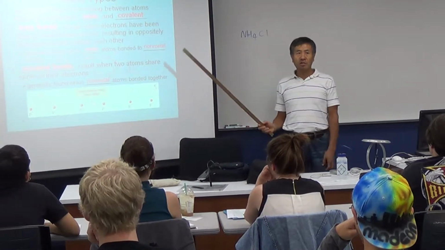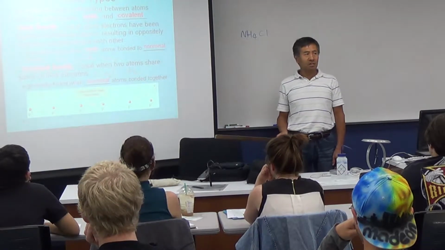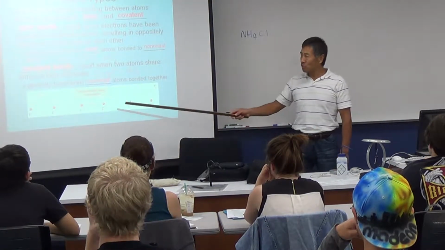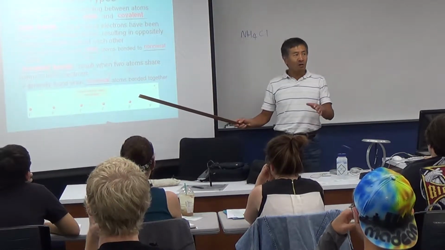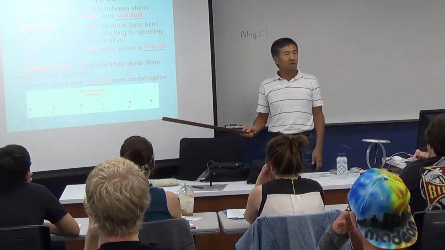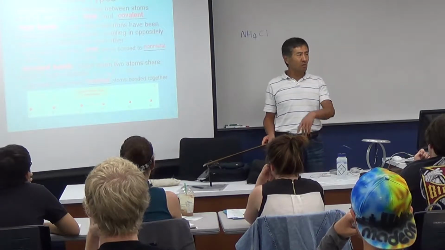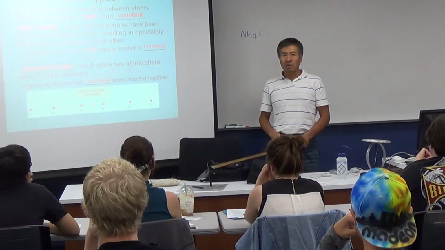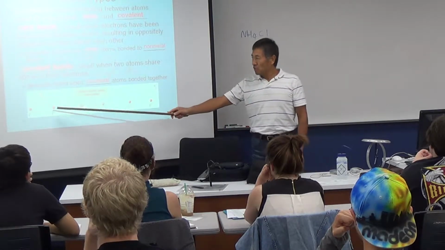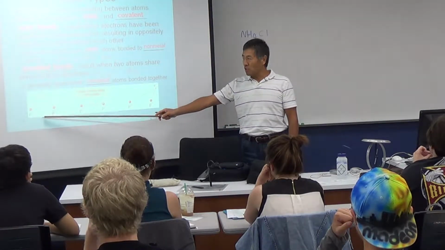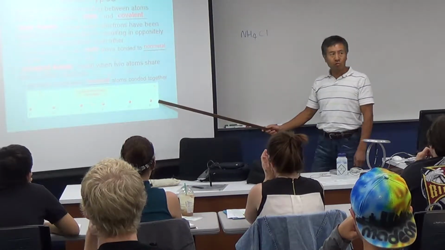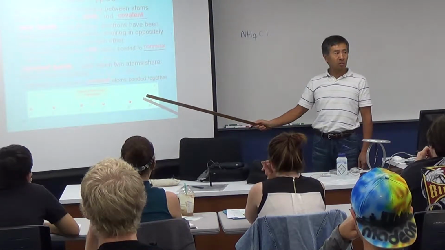But the electron is not fixed at one place, as you will study in Chapter 7. The electron is always moving. They are not moving on one trajectory like the Earth moving around the sun. They are moving just within a certain space. So therefore, even though they are shared, they still can be up, down, or even more dramatically, they can even be not in between the two atoms.